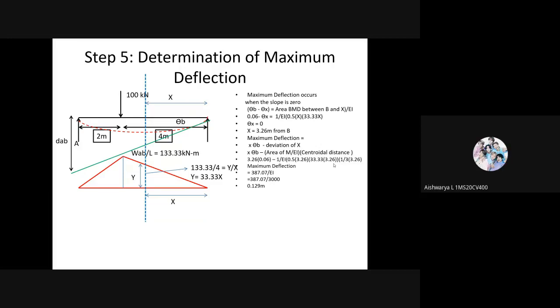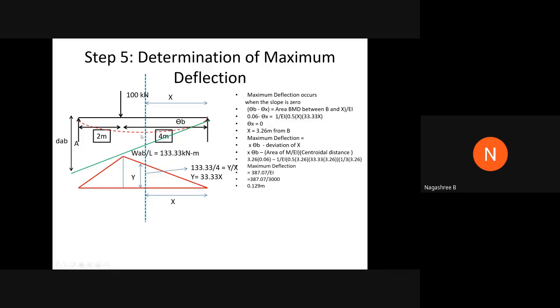Is it clear, all of you? Ma'am, can we take two thirds of the base from B for the triangle of x? One second. Since we have drawn a section over here, from this section we are determining the amount of deflection, because from this section itself we determined x into theta b in the initial shape.